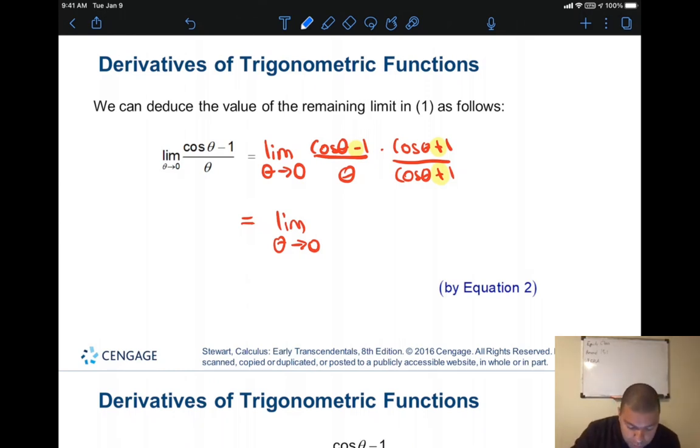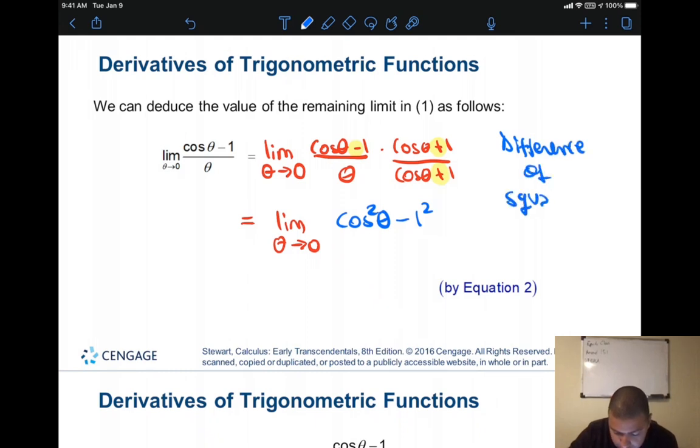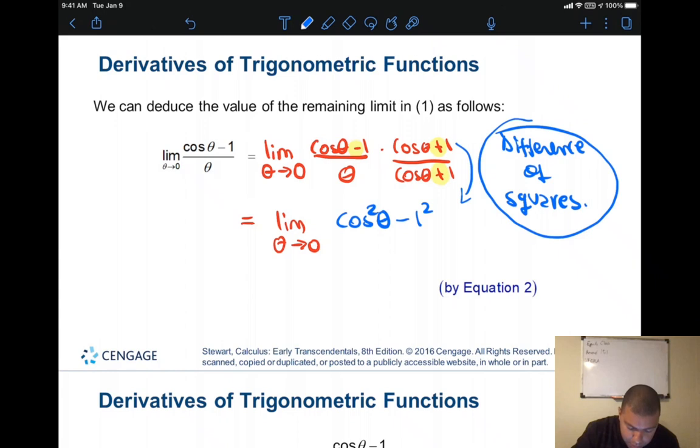So we're expected to quickly see that this is cosine squared theta minus 1 squared on the top, because it's the difference of squares. I'll eventually stop mentioning what I'm using, or just quickly say difference of squares and stop writing it down to save time, but be prepared.